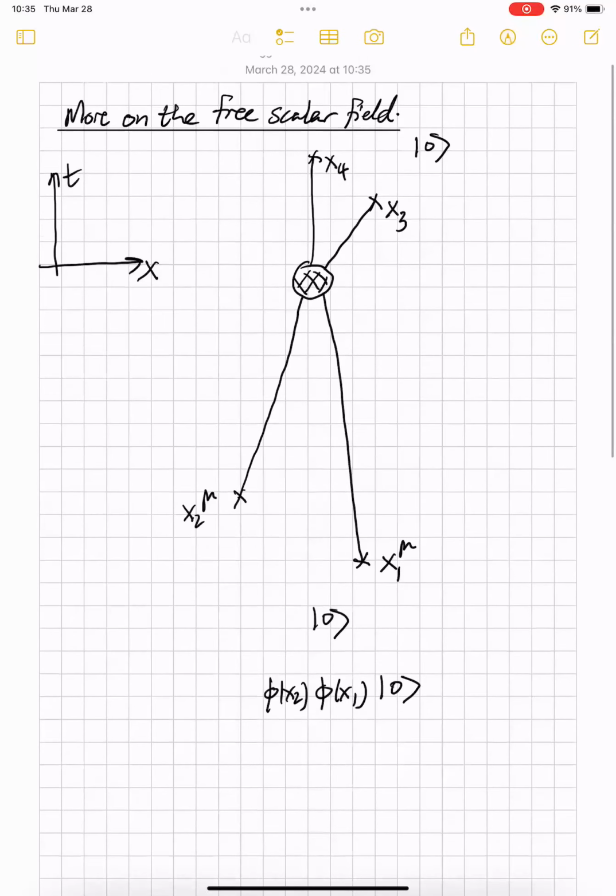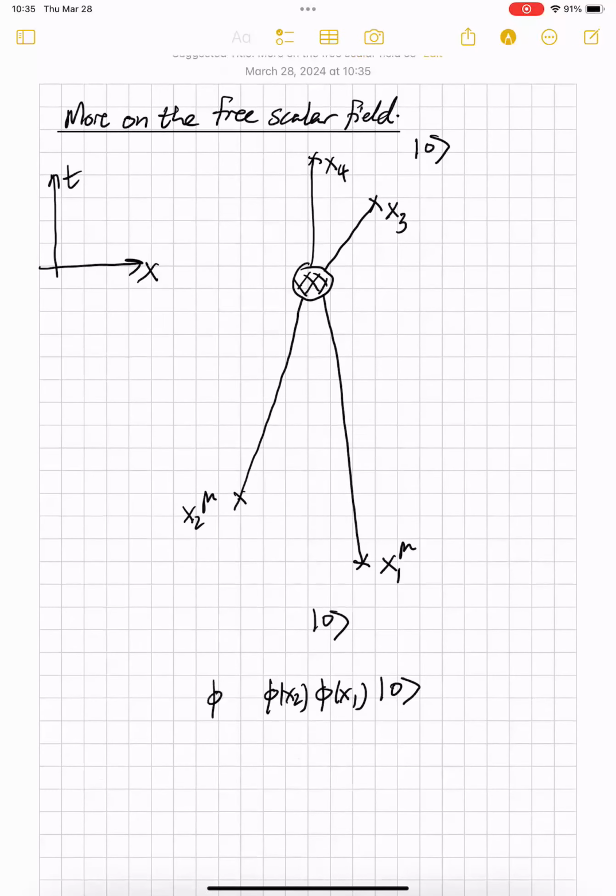Then we detect a particle at space-time event x3. To detect a particle, to destroy a particle, we act with phi of x3. And finally, we detect our final particle at space-time event x4, and we compute the overlap with bra vacuum. So this is the Lorentz invariant amplitude that would correspond to this picture up above.